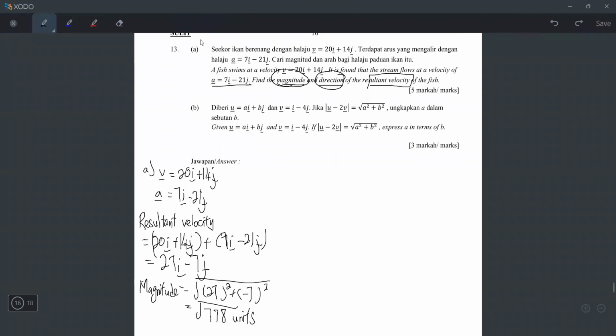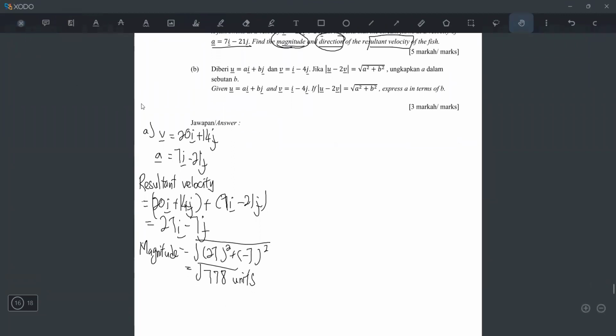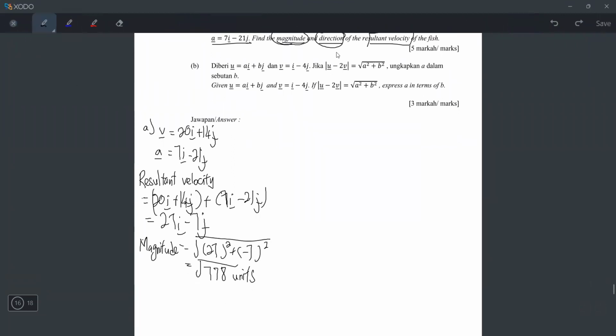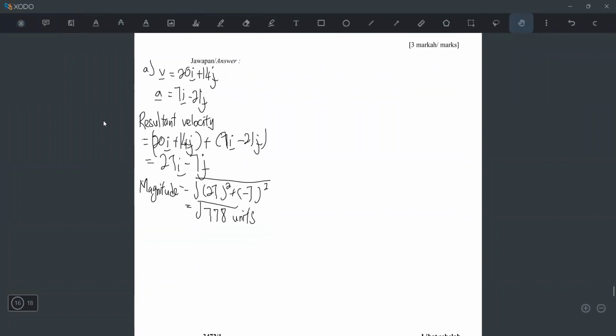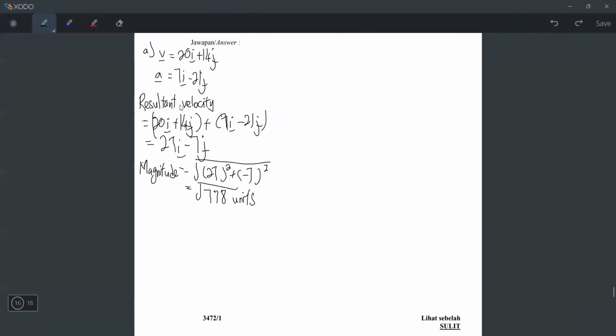What else do they want? The direction also. This one I will teach you how to find. So how to find the direction? We all know the resultant velocity is 27i minus 7j. So we can draw a Cartesian plane.